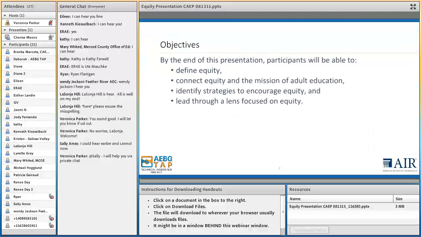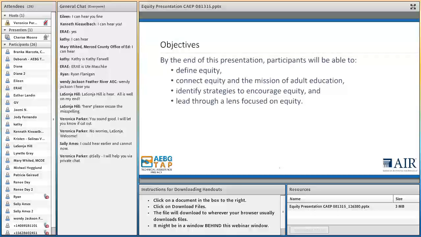So our goals today, our objectives, I really want to make sure that we are able to define equity and distinguish it from what many times people see as competitors to equity, that we are able to clearly say, no, that's a conversation about this, but we need to have a conversation about equity.